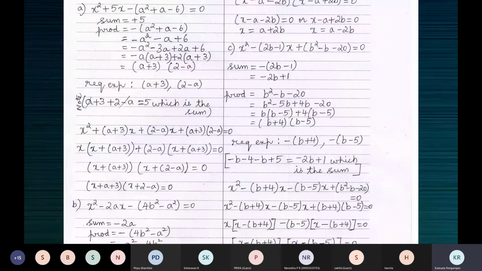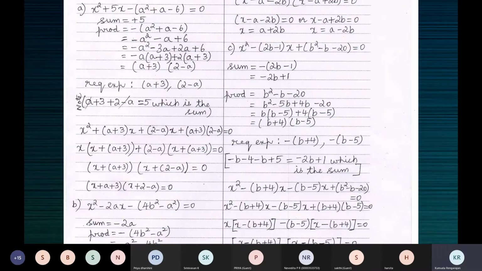Shakti. So here we are just trying to simplify that product. Now, if you take the product as minus a square minus a plus 6, it's so difficult to find the two expressions which will give you the sum as plus 5. I think I'm trying to answer your question.